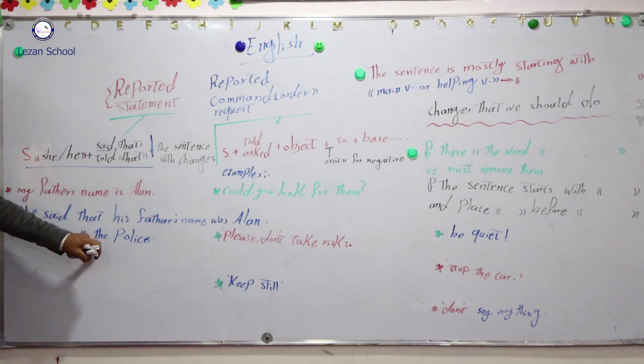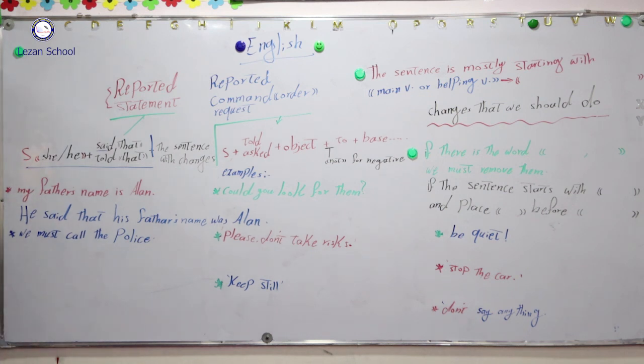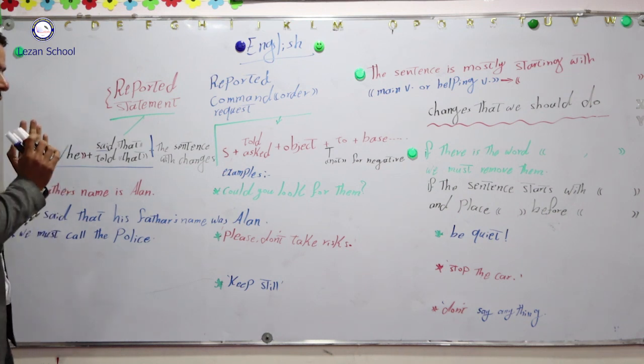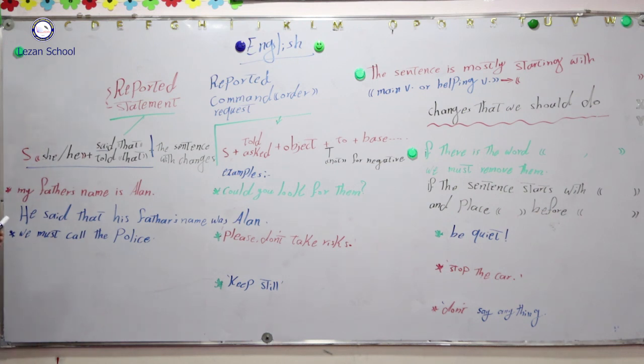Here is another example. We must call the police. I told you that what shall we do with must, with have to, with has to. First of all, we have to go back to the rule. You have to hold the rule in your mind. Whenever you see such a sentence with a request to change it into a reported statement, we have to do what?